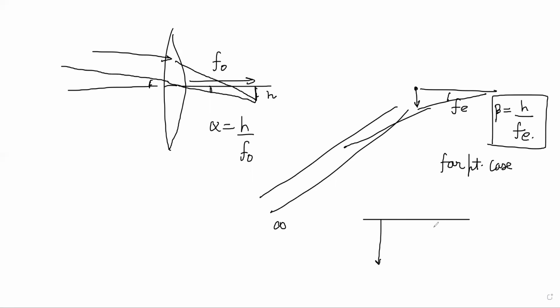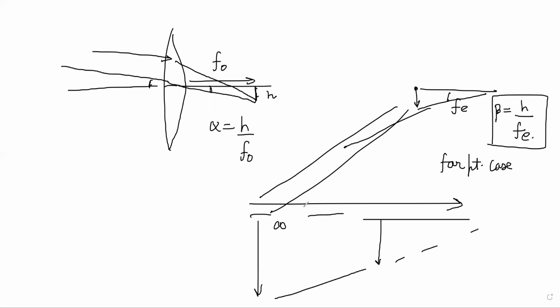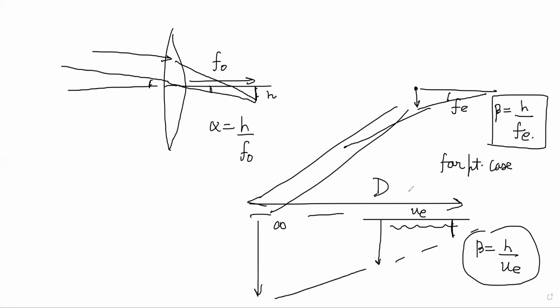So the image is somewhere here, and this distance is D. So you need to find out again this Ue. So your beta is again H by Ue, this angle. And Ue you can find from the lens formula. If you do the derivations, beta comes out to be H by D Fe, Fe plus D, something like this, right?